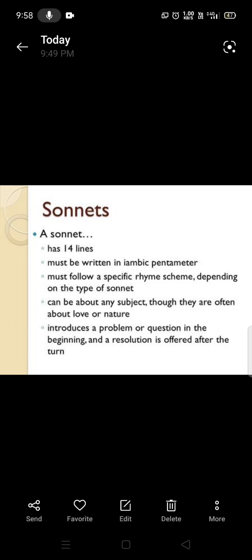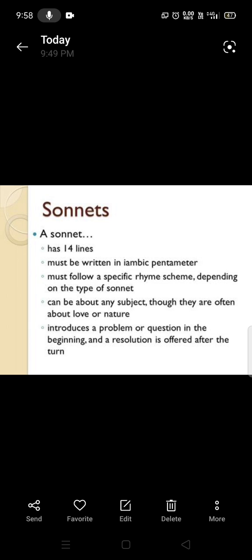Sonnets began in Italy in the 14th or 15th century, came to English literature, and evolved with the passage of time. Poets in different ages moved to this form of poetry and wrote sonnets.